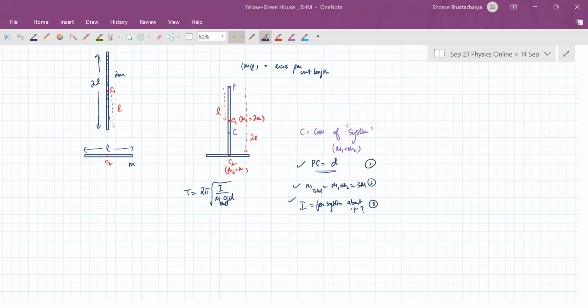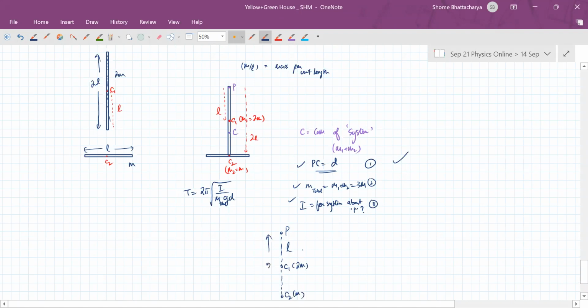Right. So here we go. So first thing, let's find D. So for that, come back to this diagram. From the point P, C1 with a mass of 2m is at a distance L, and C2 with a mass of m is at a distance of 2L. So the system center of mass is here at a distance d.